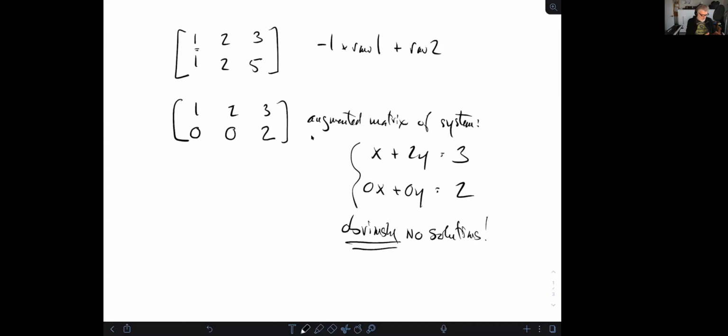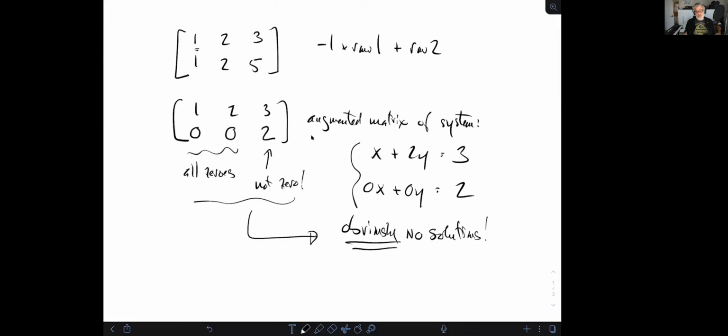So this is the telltale shape of that last row: you have all zeros except the last entry, which is non-zero, then clearly you have no solution. This is true in general for any number of variables and equations. So if you have something like that, then you have no solutions.